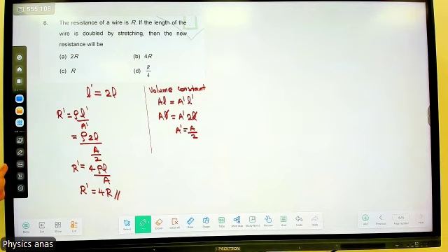Did you understand this? Now I am going to give you a simpler equation for this. It's an MCQ, right?